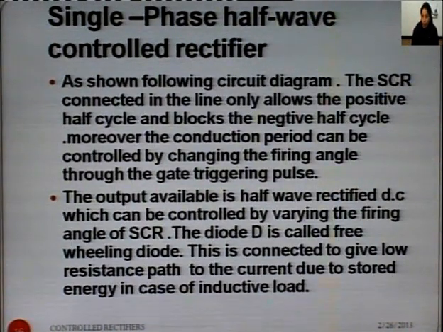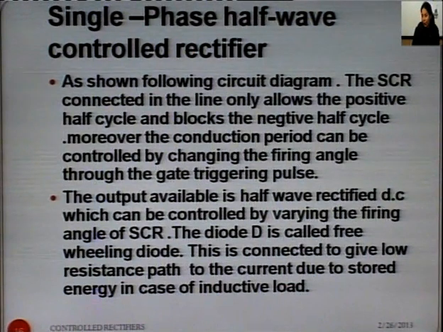In this single phase half wave controlled rectifier, we employ a load across which we get the DC output. This load can be a purely resistive load, or it can be a purely inductive load. These are the characteristics of the load.